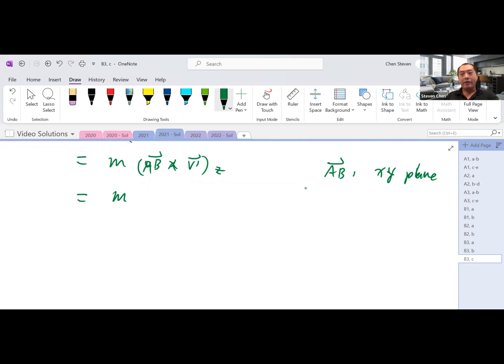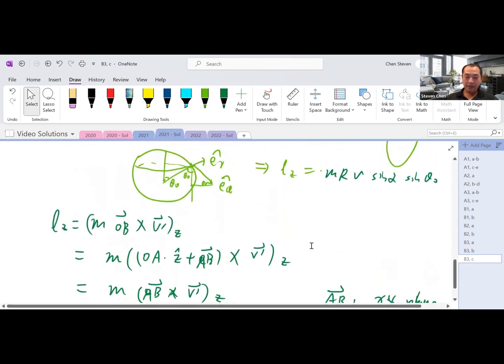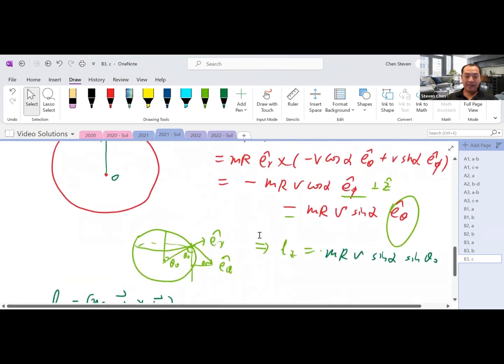Recall that the angular momentum in z direction is conserved, so it requires a very big speed. But we want to find the threshold alpha, so V should not be too big. So we want AB to be as long as possible. The longest distance between A and B is the radius of the cylinder, which is small. Therefore, this is the z component angular momentum when the mass hits the cylinder.